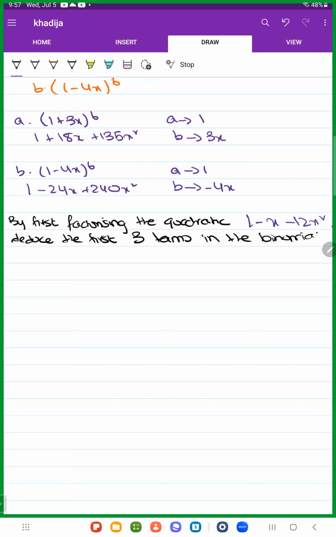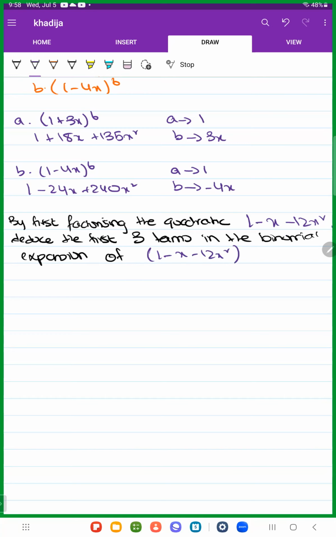So I have 1 for 6C0, for 6C1 I have minus 24x, and then for 6C2, I have 240x squared. Yes, perfect.